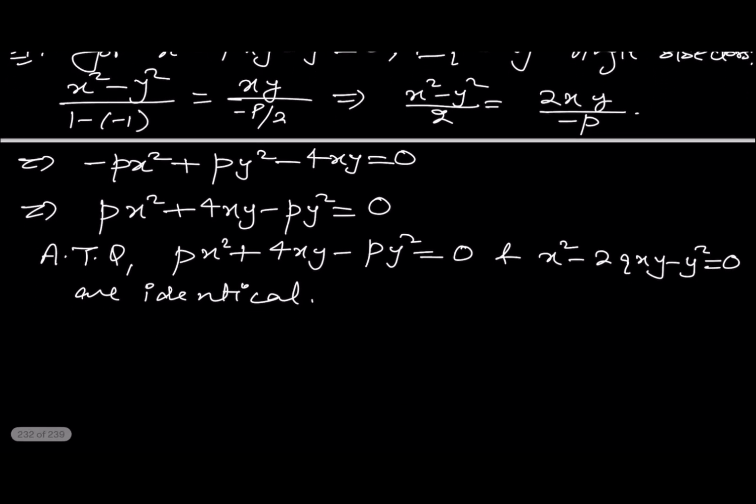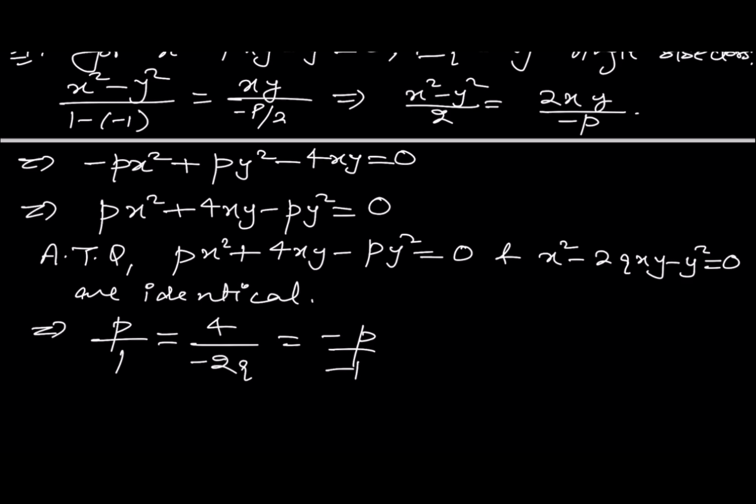Okay. So if equations are identical, means their coefficients must be in the same ratio, or coefficients must be proportional. So we can write p by 1 is equal to 4 by minus 2q is equal to minus p upon minus 1.